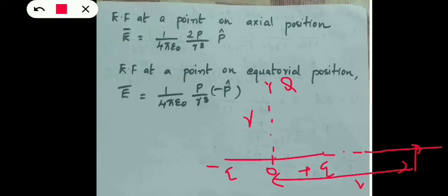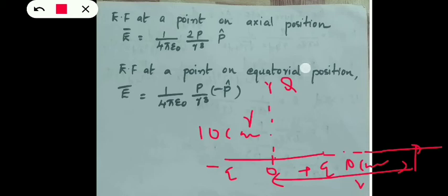So if point P is at a distance of 10 centimeter from the center of the dipole, point Q is also at 10 centimeter. The distance from the center is the same, but P is at the axial position and Q is at the equatorial position.